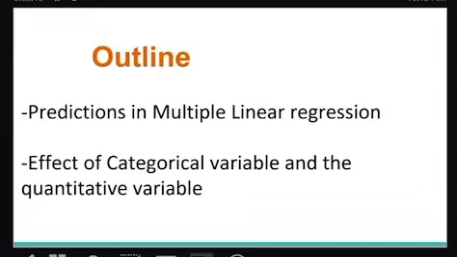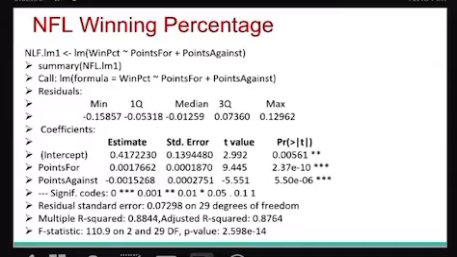We're still working with multiple linear regression, and I'm going to give you an example from something that you like, sports. Take a look at this. I want to talk about football now, American football, the NFL winning percentage. Maybe we want to predict the NFL winning percentage.